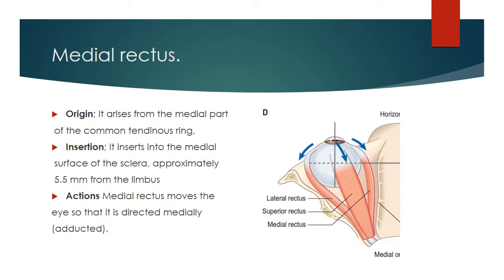Medial rectus muscle takes origin from the common tendinous ring and is inserted into the medial surface of the sclera, approximately 5 mm behind the limbus. Medial rectus moves the eye so it is directed medially. Movement is called adduction.